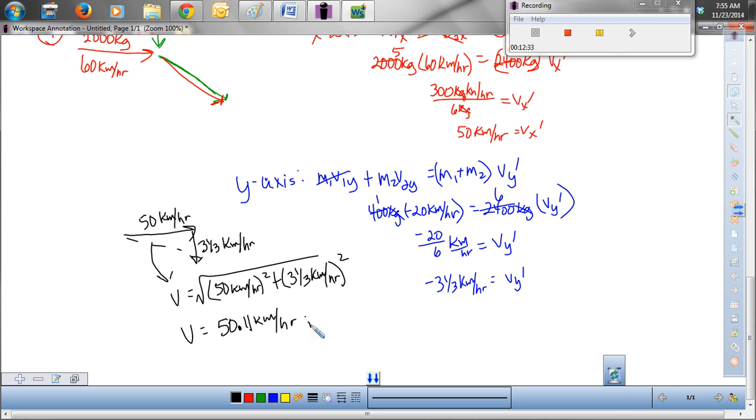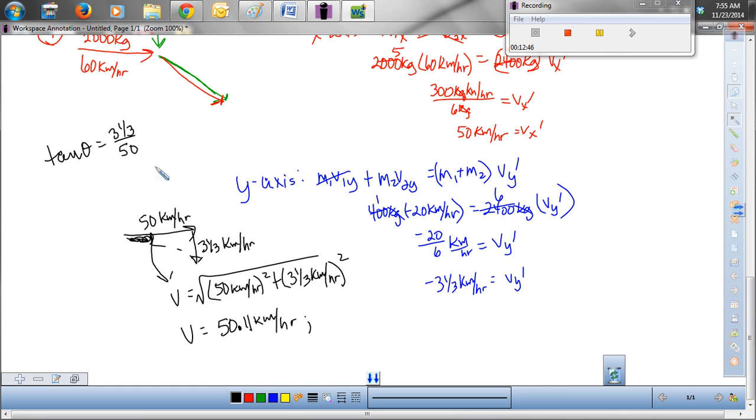But I need an angle. I need that theta right there. So tan theta equals 3 1/3 over 50. So let's see if I can do that on this lovely calculator. So 3 1/3 divided by 50.